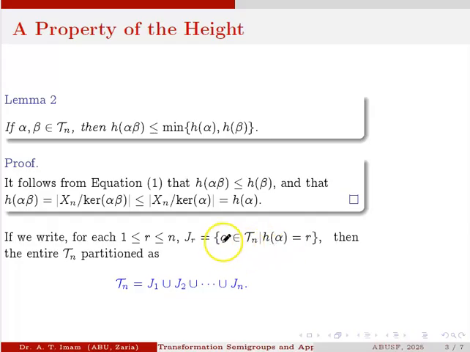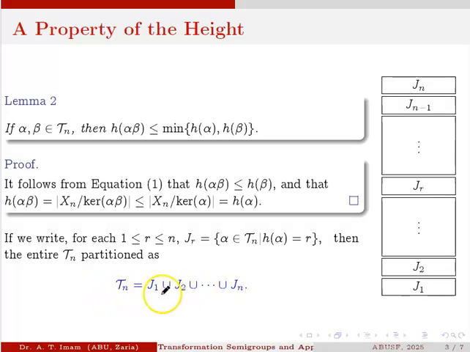This height is a unique integer associated with every element, so an element cannot be in two different J classes. These are elements of height 1, these are elements of height 2, up to elements of height n. Height cannot be beyond n, because you have only up to n elements in the underlying set. So the number of elements in the image is at least 1 and at most n, and therefore Tn is partitioned into these n classes.